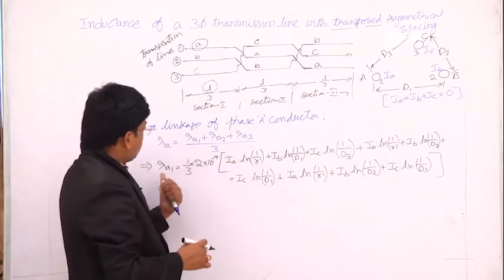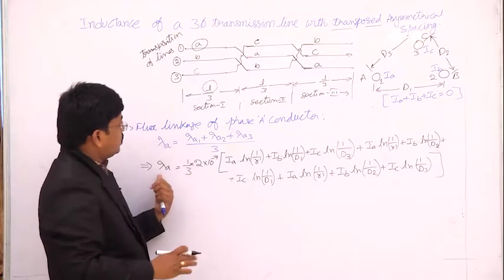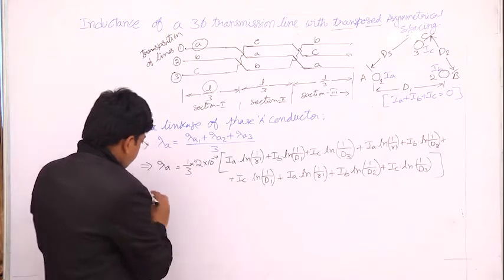So this is the total flux linkage of the phase A conductor.